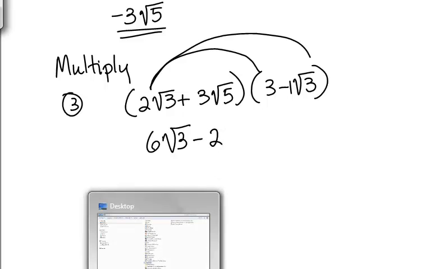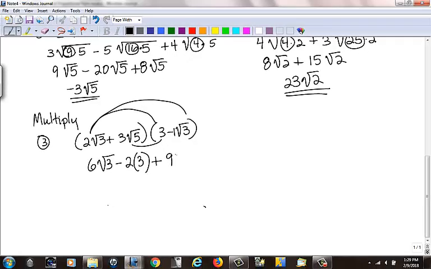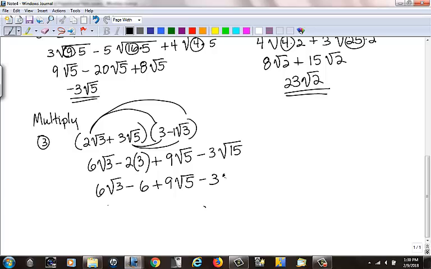And then radical 3 times radical 3 is just radical 9, which is 3. So you could just go ahead and say that's minus 6, or write it like that to start. And then multiply this would be plus 9 radical 5. And then multiply to have a negative 3 radical 15.